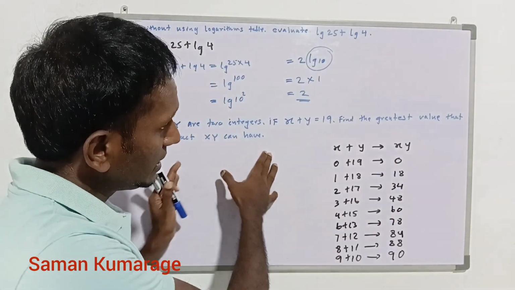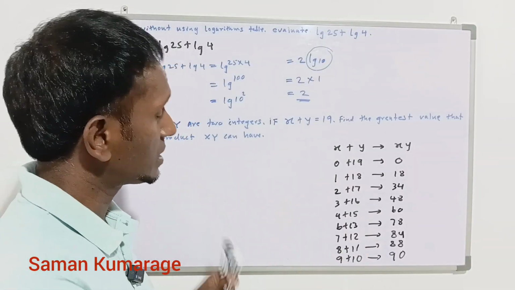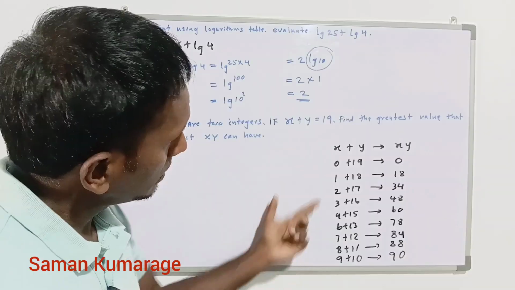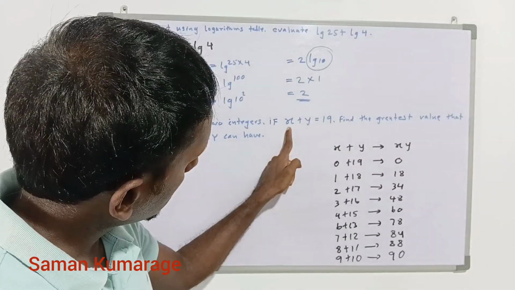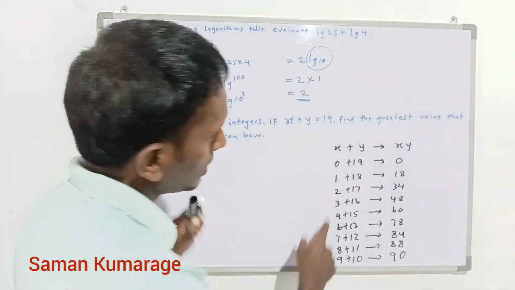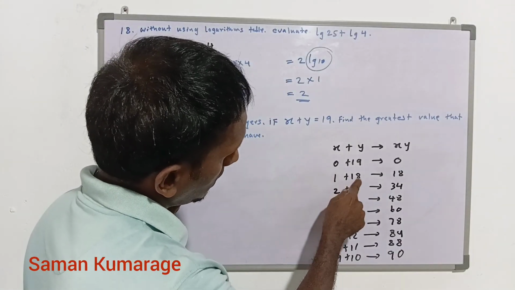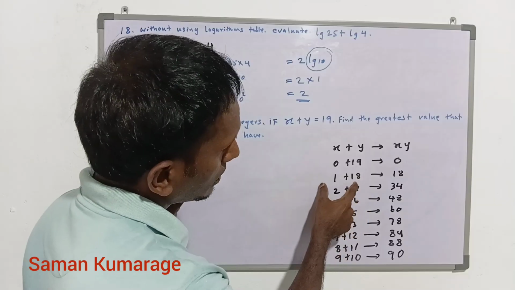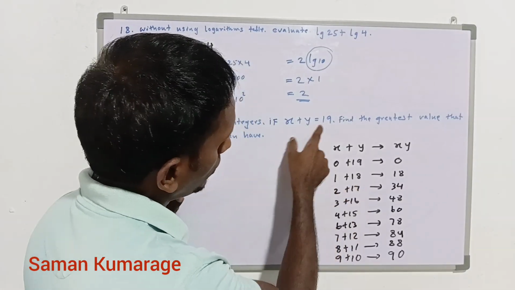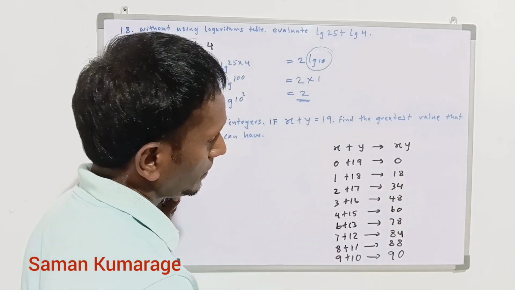They are asking the greatest value we can get by multiplying the integers we use for x and y. If you take 1 for x and 18 for y, the sum is 19, but the product is 18.